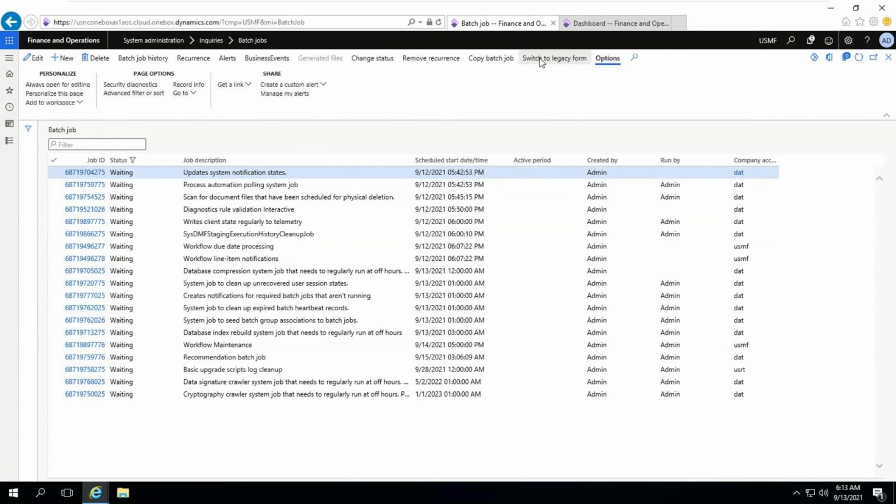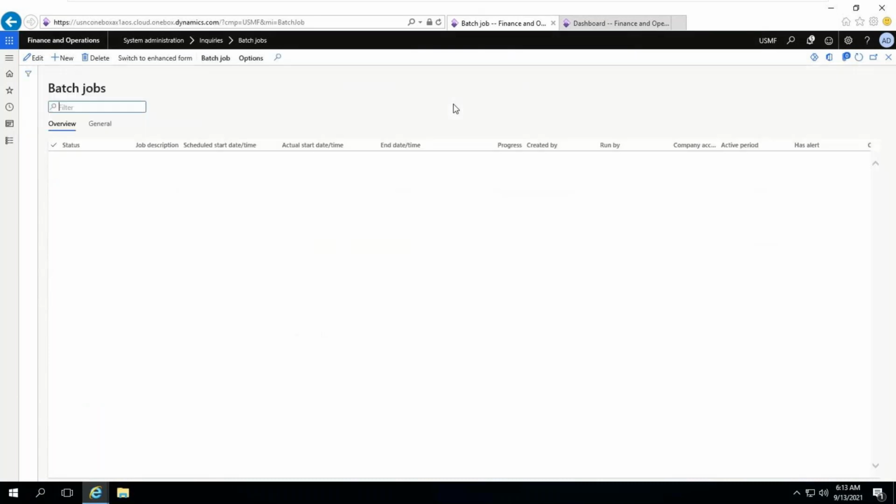Whenever you open batch jobs, it will be shown like this. Give me a second. Switch to legacy form. You should not handle it like this.